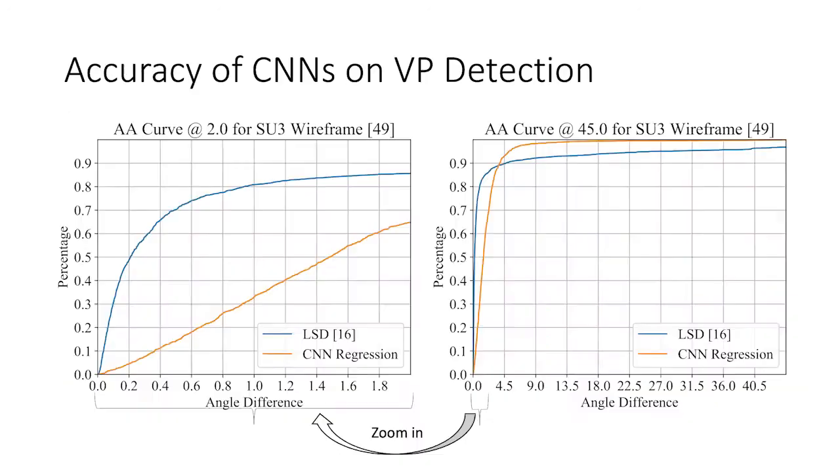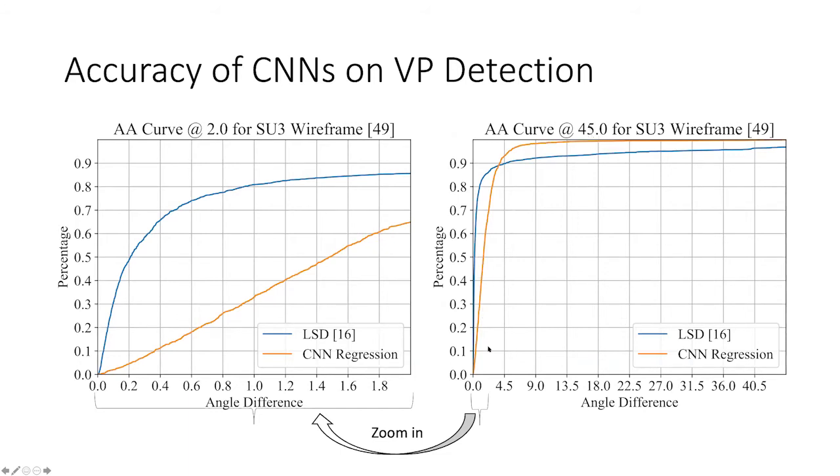A typical characteristic is this: if you want the accuracy to be within, let's say, 1 degree, you can see the traditional approaches reach up to 50% or even 80%, and the accuracy is pretty good within a couple of degrees, but they're not that robust. The yellow curve is the learning-based approach.